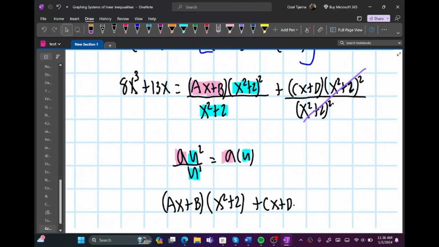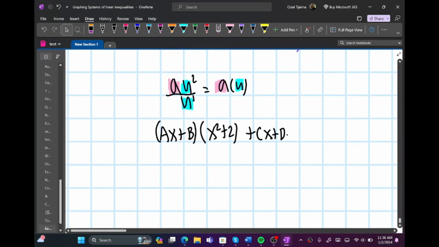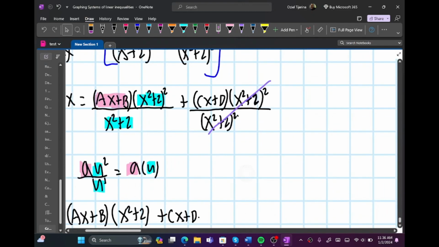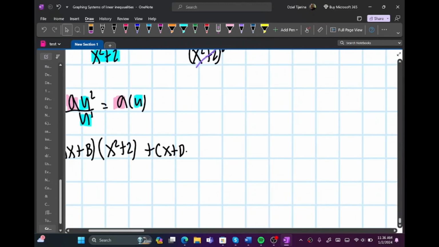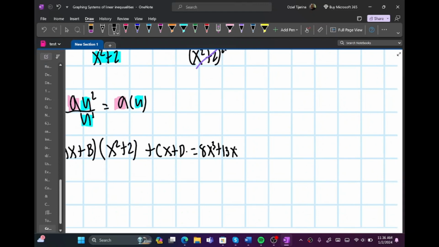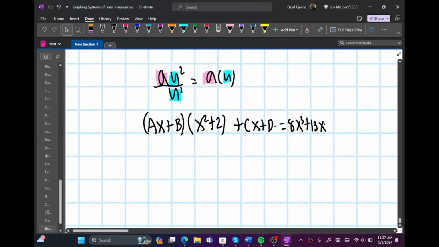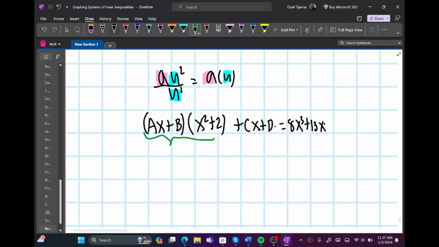Okay. And so, obviously this was equal to 8x cubed plus 13x. Okay, guys. Now, what we're going to do here is go ahead and use the FOIL method, or distribute, right?